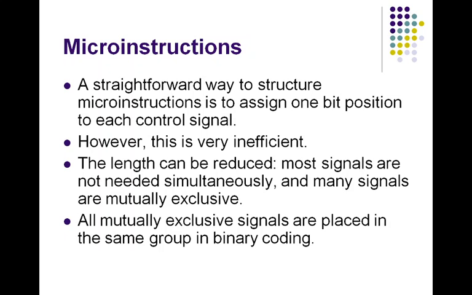So this suggests that the signals can be grouped so that all mutually exclusive signals are placed in the same group, and hence at most one micro operation per group is specified in any micro instruction. Then it is possible to use a binary coding scheme to represent the signals within a group.